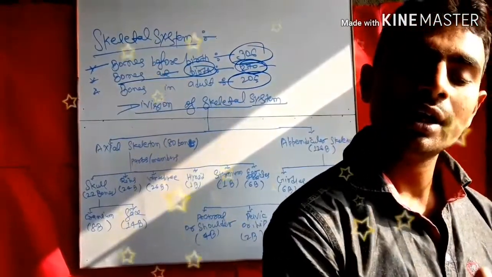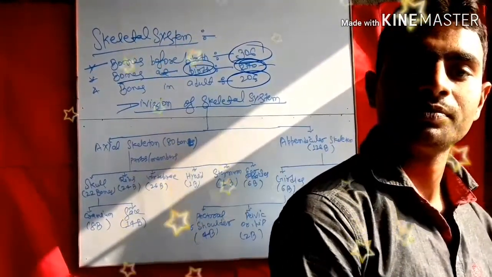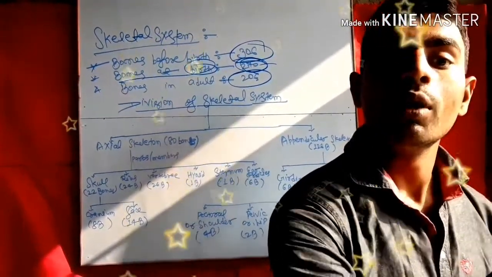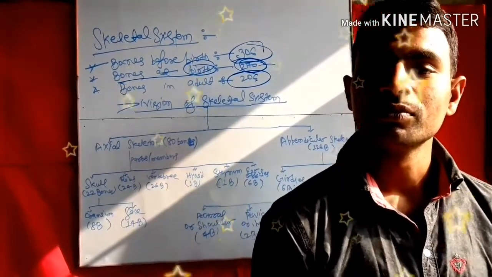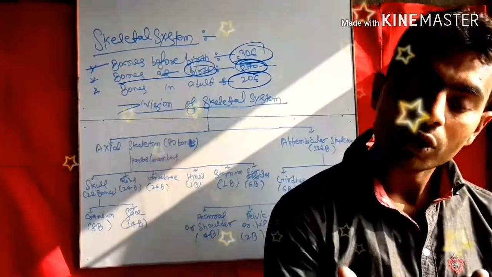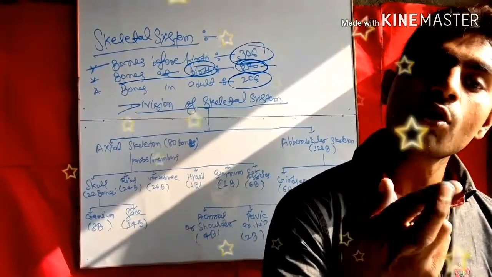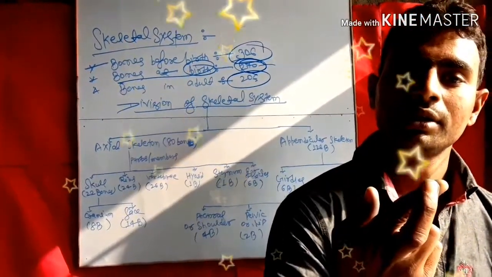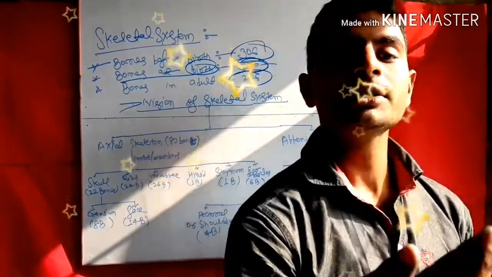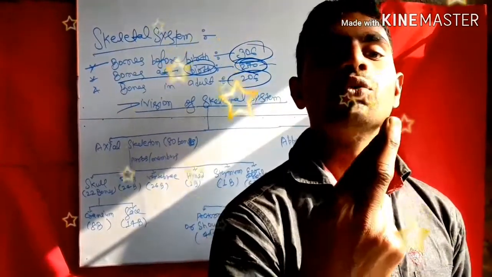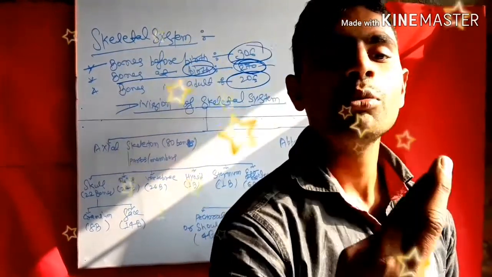Many bones are fused and make one bone. If two or three bones fuse with each other, they are counted as only one bone, not two.